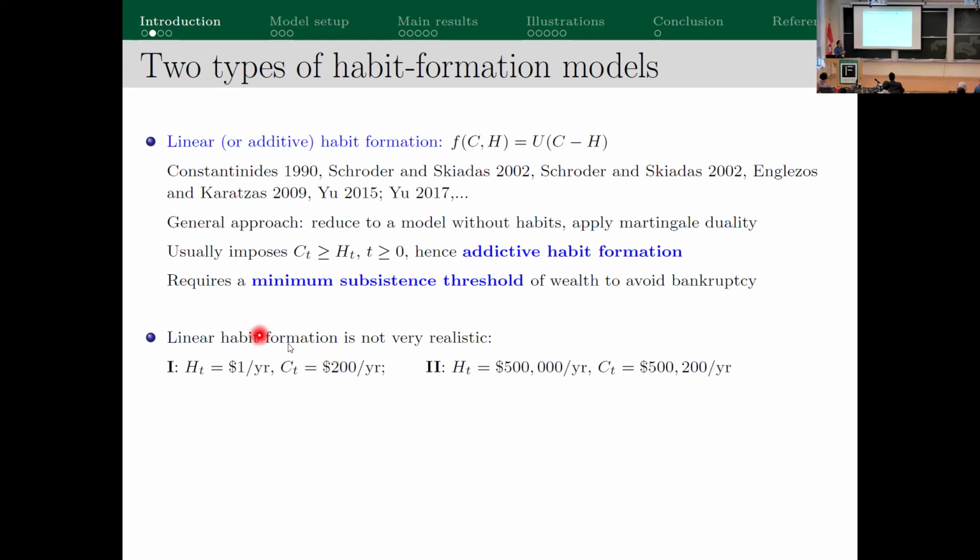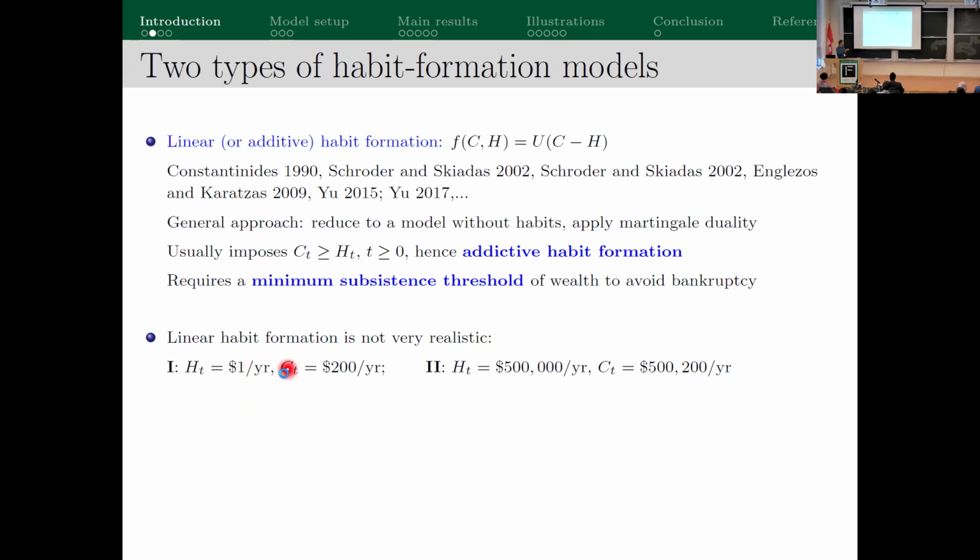This utility function is also not that realistic. Consider these two scenarios: your habit has been spending $1 a year. Let's say I was living on a street, right? And suddenly you tell me you can spend $200 a year, right?